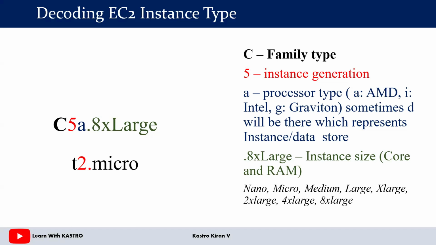The number that you see is the instance generation. If you see A or I or G, that represents the processor type. If you see the last part as 8 times large, micro, nano, medium, these all represent the instance sizes, which typically represent the core and RAM of the instance. So this is how you can decode the instance.